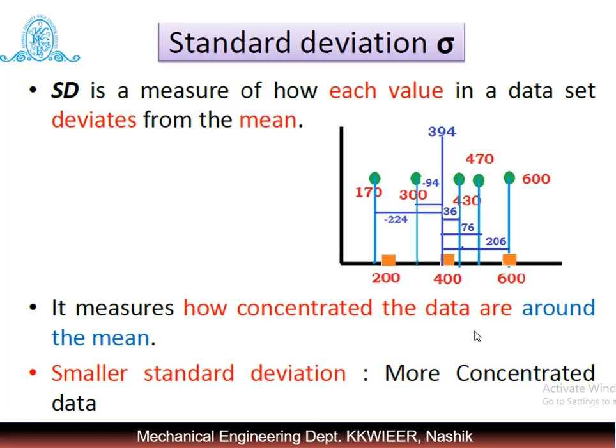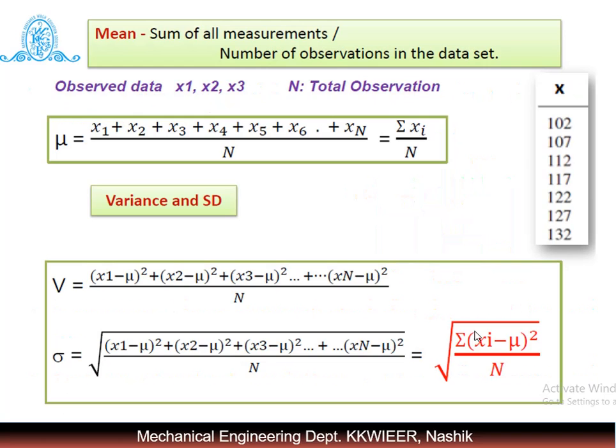The smaller the standard deviation, the more concentrated the data is. A smaller standard deviation value means that all the data is dispersed close to the mean.